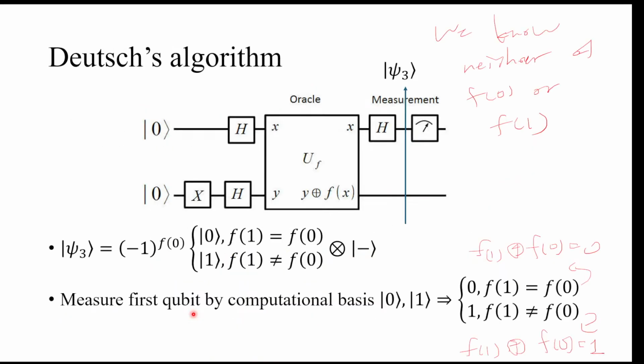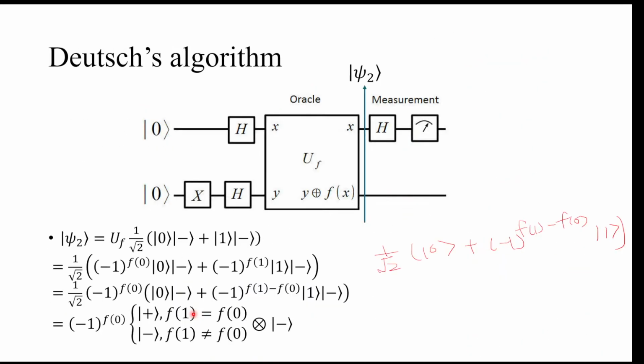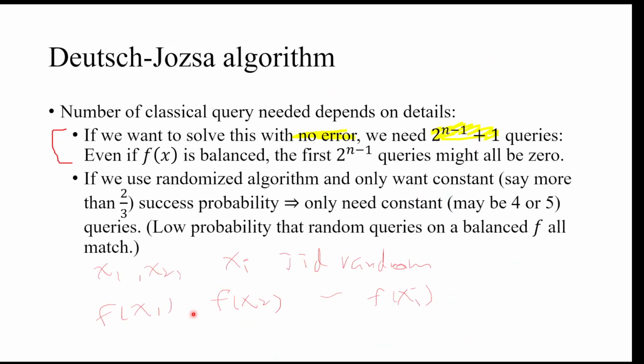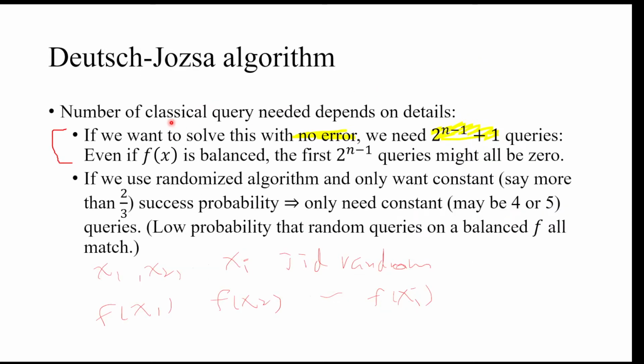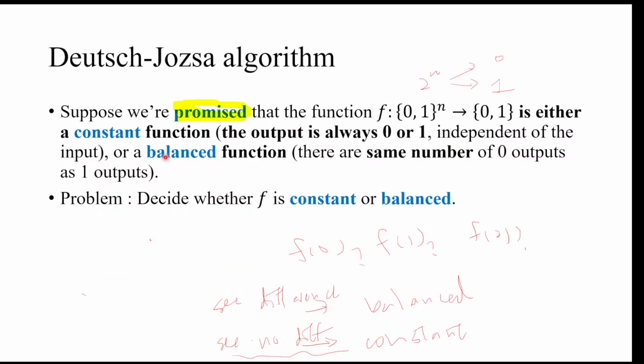Then we actually have three algorithms that all use the same idea. Next is the Deutsch-Jozsa algorithm, which generalizes Deutsch's algorithm by just having more bits in the input. So we have n bits here and n bits here. But here we need some promise on our problem. We promise that our f of x is either a constant function or a balanced function.